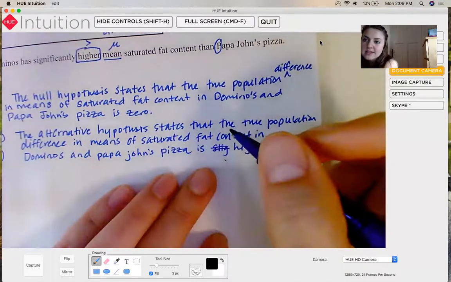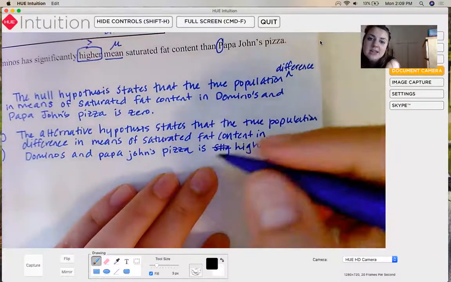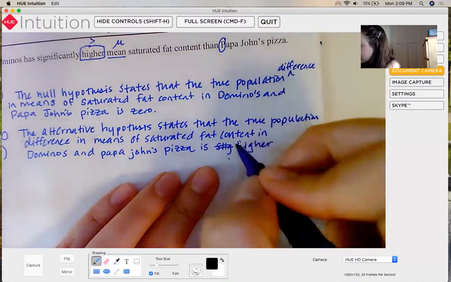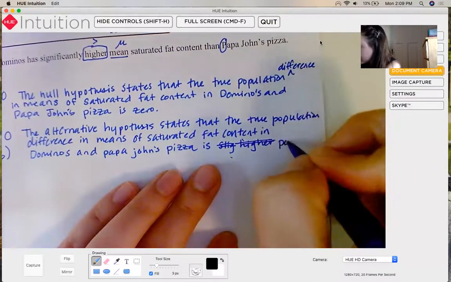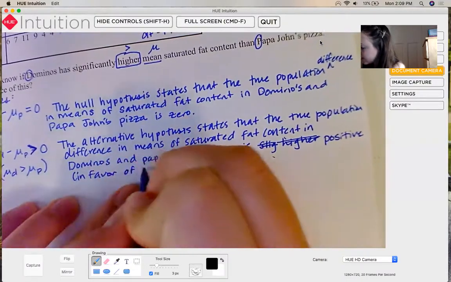The difference is higher, or we could say is positive. So that might actually be a better word to say here, is positive in favor of Domino's.